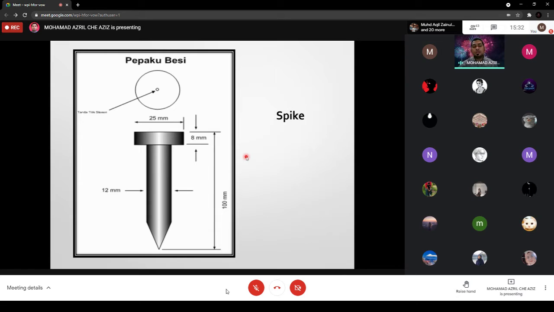This will be used in new areas, for example, a new housing area or a shop lot area. So when you carry out the field survey, field observation surrounding the new area of a shop lot, you will see the spike, spike or nail.